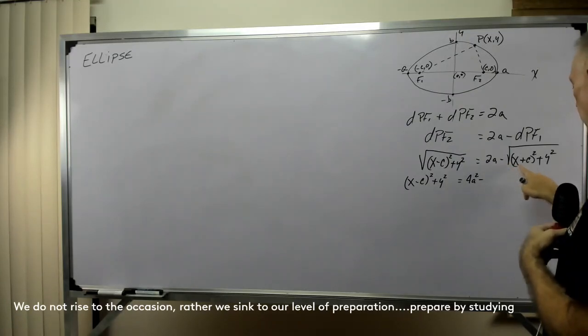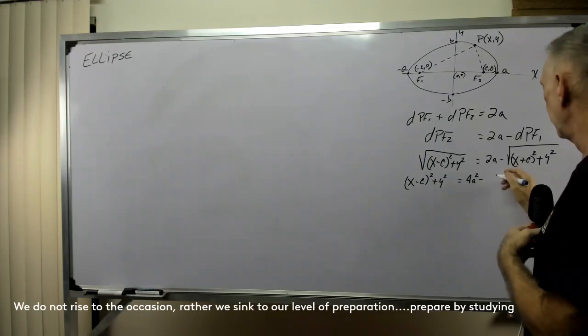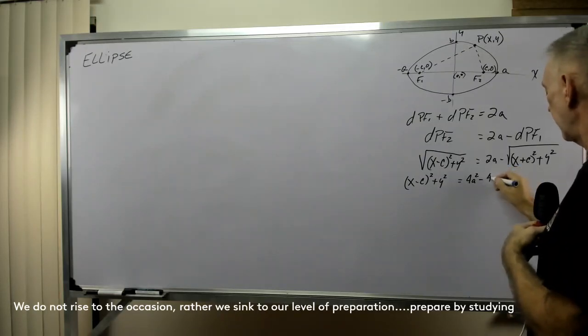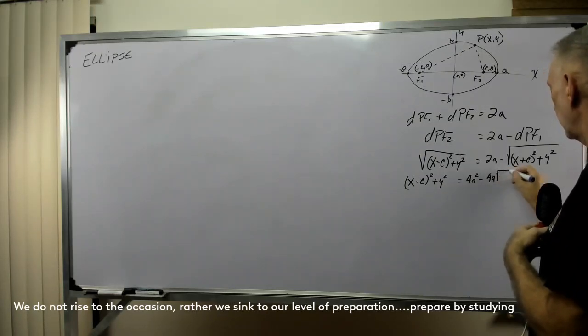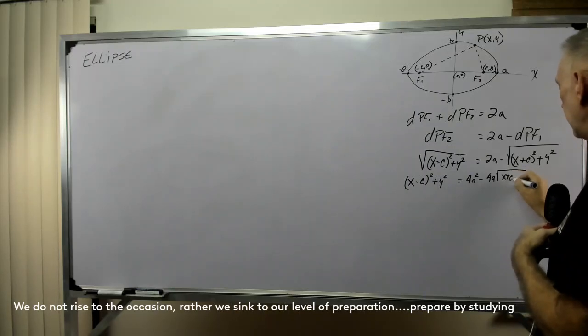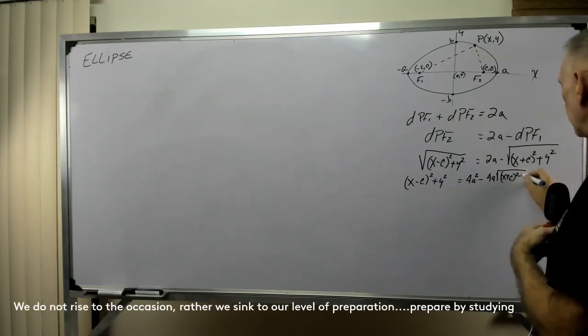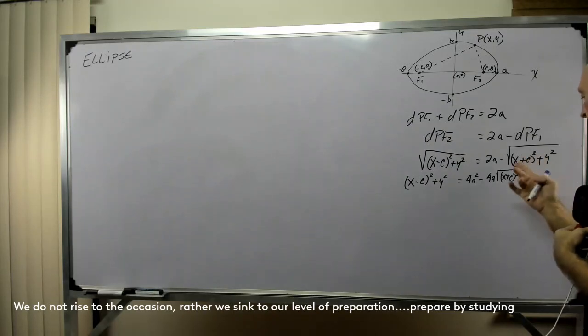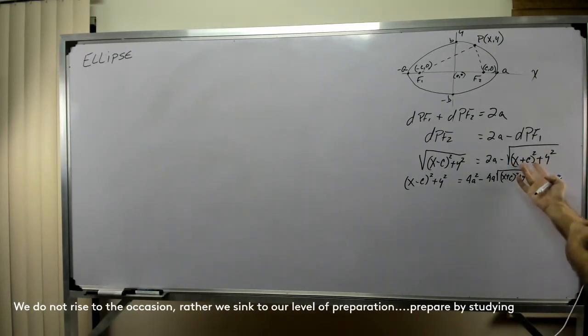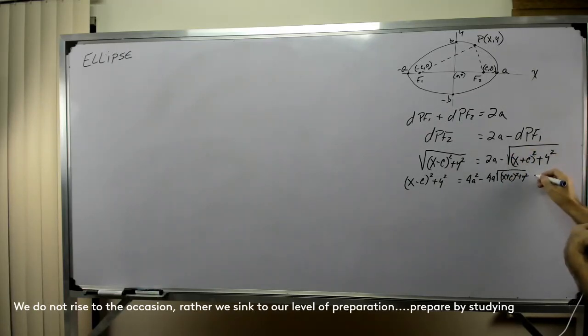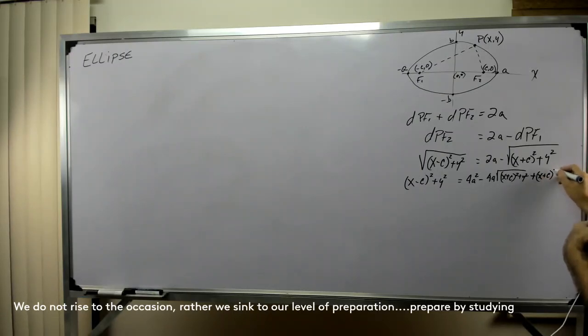Well, it would be 2a times that, so you'd end up with 4a times the square root of x plus c squared plus y squared. And then the outer times outer would be this times itself. So a negative times a negative gives you a positive without the radical sign, plus x plus c squared plus y squared.